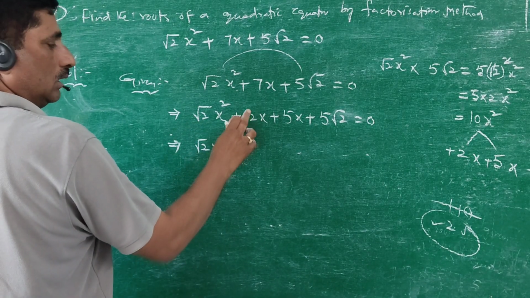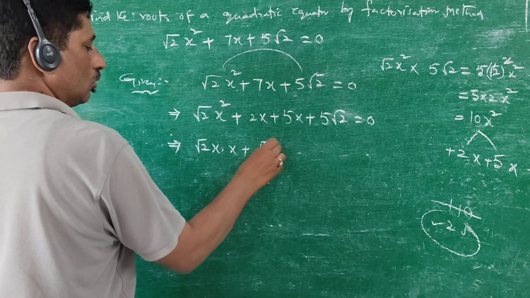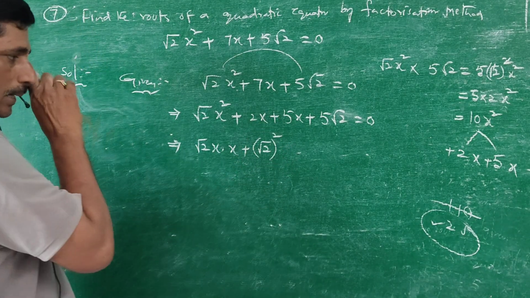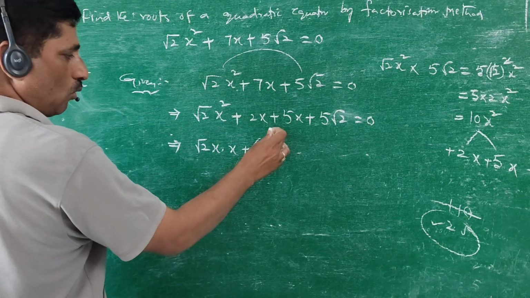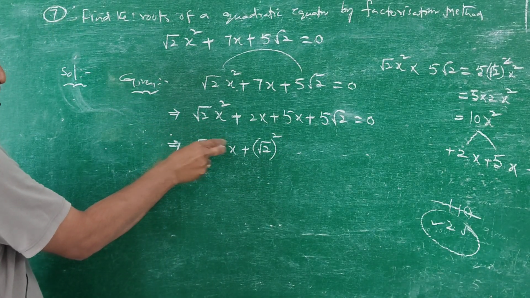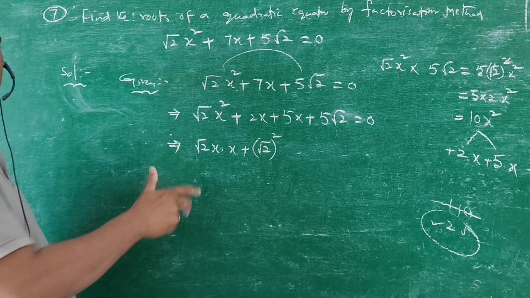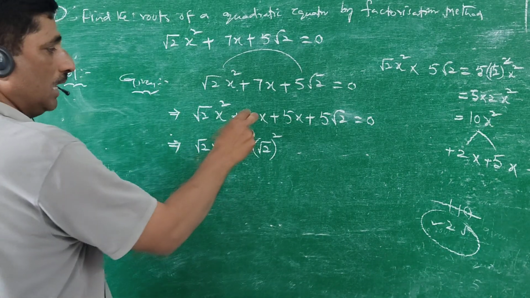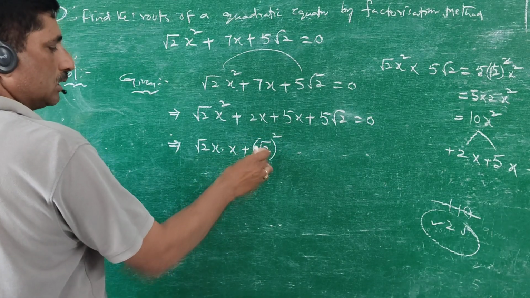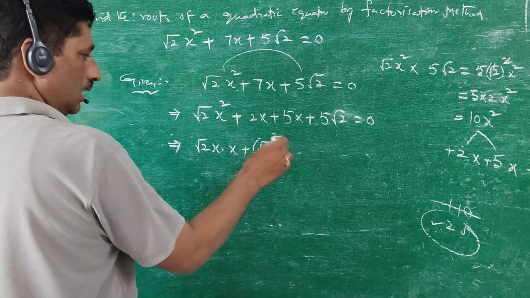Now this 2, I can write as root 2 whole square. I hope you understand. Why? Because square and root get cancelled. Already in the first term I have root 2, so there is a chance to take root 2 common. That's why I make this 2 as root 2 whole square. Square and root get cancelled, so you get 2. Next, x.